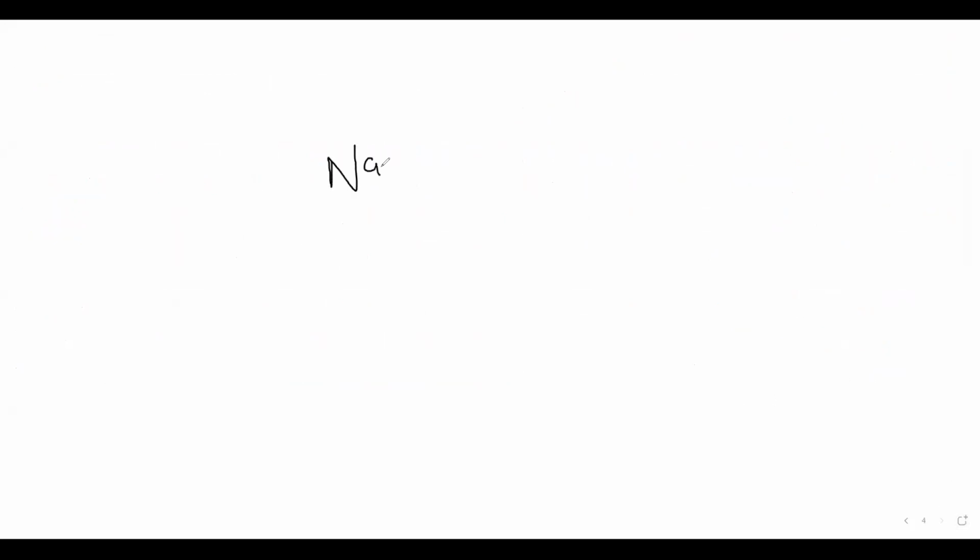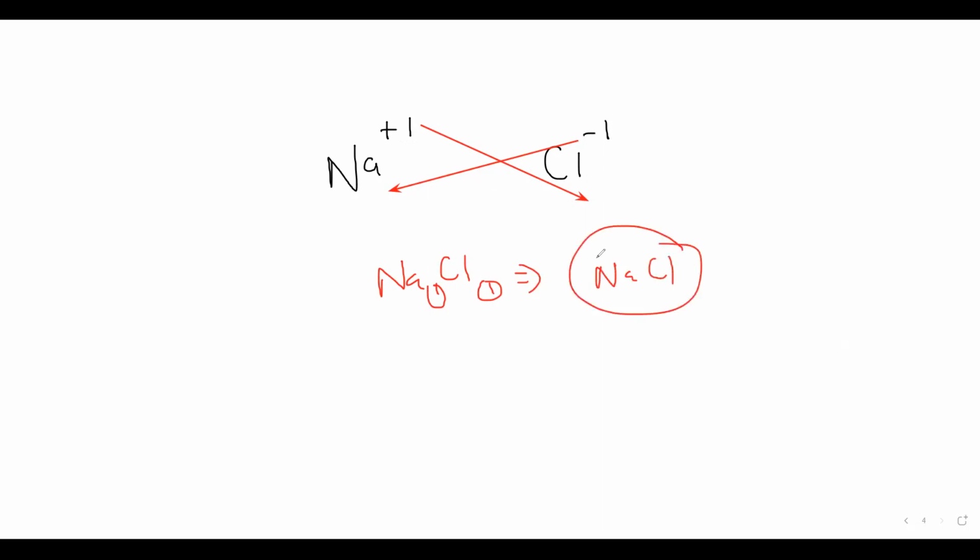Sodium belongs to group 1, so its valency is +1. Chlorine belongs to group 7. Its valency is -1. So we cross multiply these numbers. With sodium it comes out as 1, and chlorine also comes out as 1. And these numbers we don't write in the formula. So we write the formula of sodium chloride as NaCl.